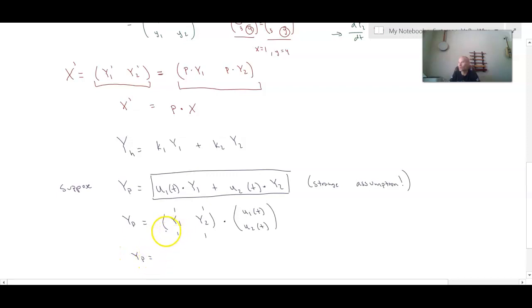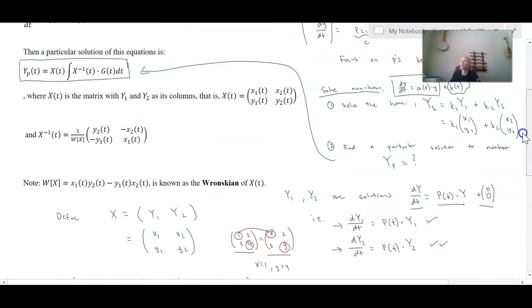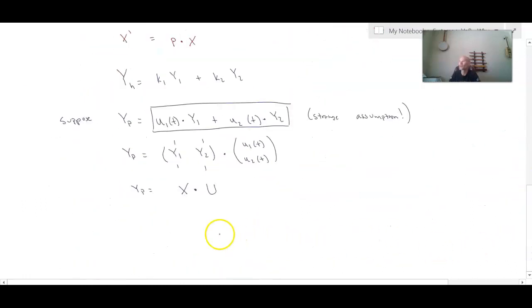Okay, so what I really am saying is that yp is equal to, well, this whole thing here is just the X matrix, and this vector right here I'm just going to call U as the vector. Maybe I'll write it as a capital U. Okay, and let's just make sure that that's so far in. Yep, I think we're good. Okay, so what's the task?